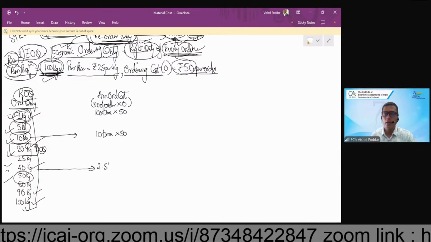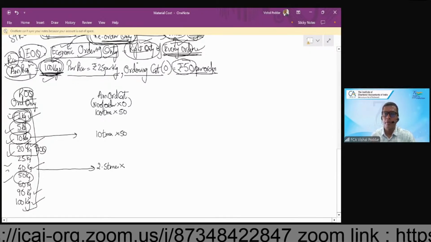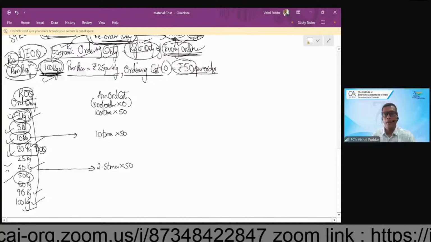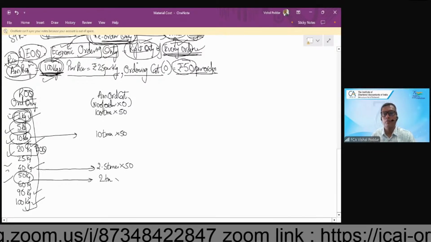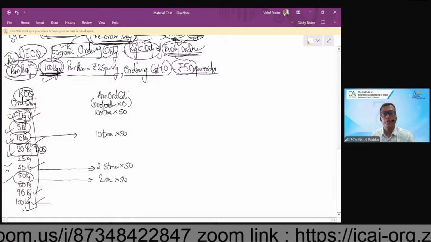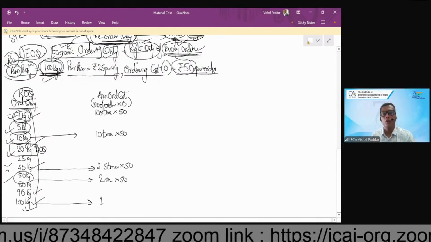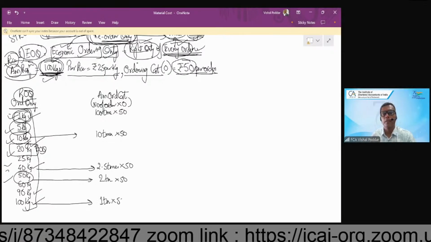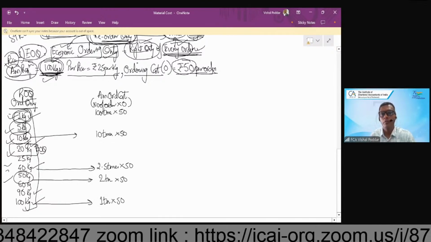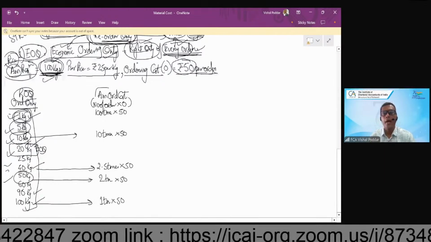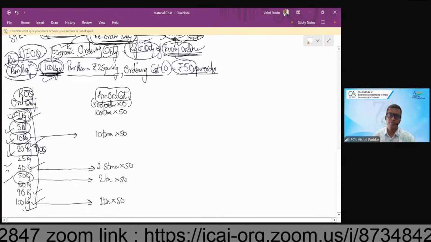So roughly 2.5 times. If you decide to purchase 50 kgs, 2 times. And if you decide to purchase the entire 100 kg, 1 time. This is how you'll get your annual ordering cost.